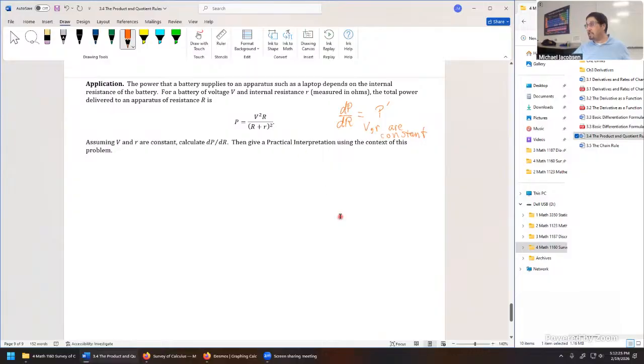First thing to note is it's a quotient rule problem, because if we're calculating dP/dR, R is the variable, and it's in the numerator and denominator at the same time, making this a bona fide quotient rule problem. So the major thing to look into is, what is the variable? It's that R up and below. Armed with that knowledge, we can say the rate of change of power with respect to resistance, uppercase R, is going to be this quantity.